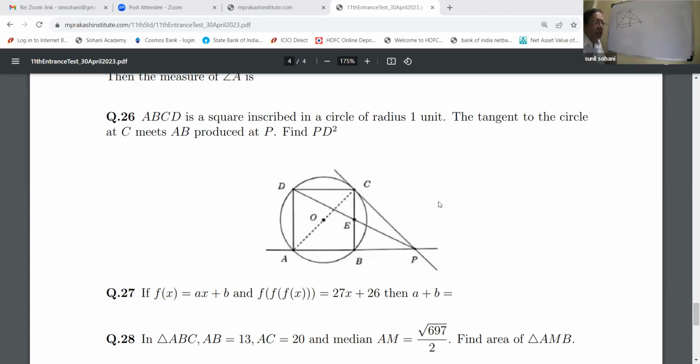Okay. So ABCD is a square inscribed in a circle of radius 1. So radius is 1. The tangent to the circle at C meets AB produced at P. Find PD square. So the question is demanding, what is the value of PD square?